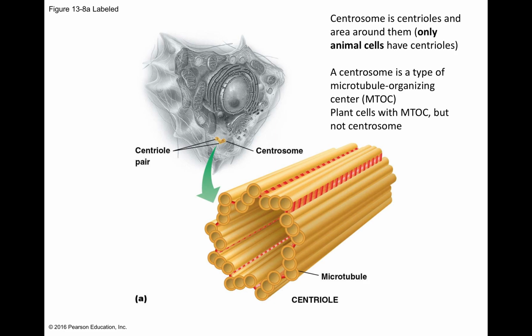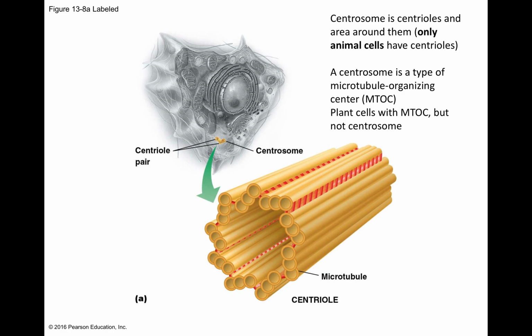One type in animal cells is called a centrosome, which contains within it a structure called a centriole, which is made up of two of these microtubule structures, okay? There are other types of microtubule organizing centers, and we'll talk about those. So again, I want to stress that the centriole is part of the centrosome. The centrosome is the area around the centriole.